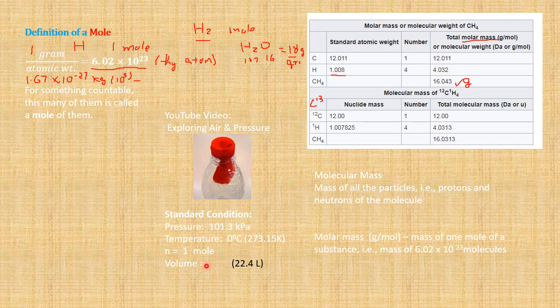And then standard atmospheric pressure is this much, about 101.3 kilopascals, and it's because of the whole column of gas. Of course, pressure changes with temperature. The standard has to be 0 degrees Celsius, 273.15 Kelvin, and 1 mole.